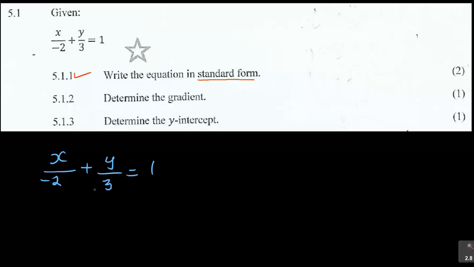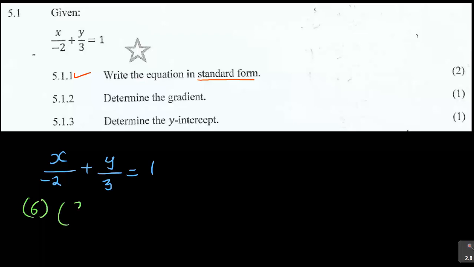So the first thing, you have to get rid of the numbers at the bottom, which are the fractions. So you've got minus 2 and 3. You are looking for the number that can go into 2 and into 3, and that number is 6. So you multiply everything by 6.